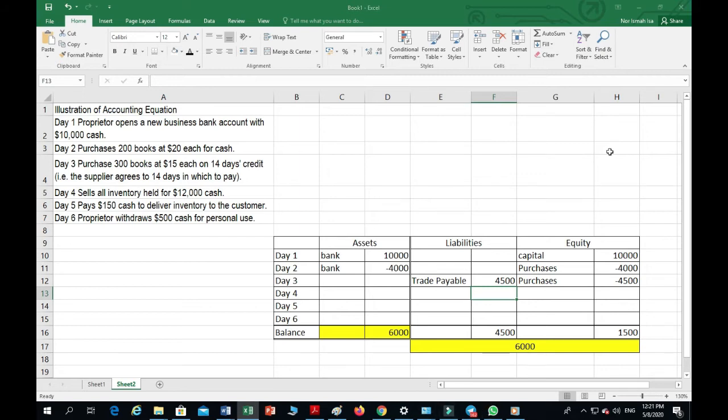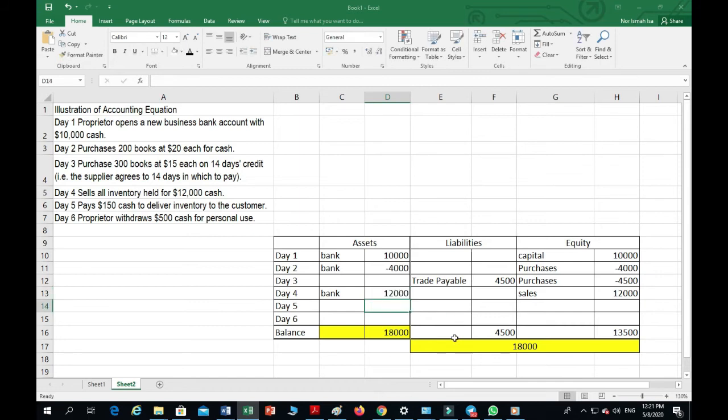Day 4. Sales all inventory held for $12,000 cash. Since sales is revenue, it will increase the equity side by 12,000 for sales. And the business will receive bank cash of 12,000 also.